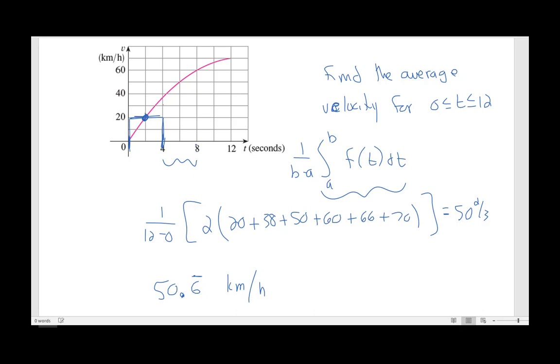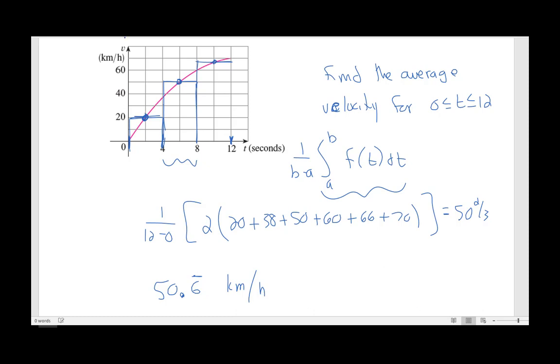Then we could do the next delta x of 4, and we would use the midpoint here to find the height of that rectangle, and then another delta x of 4, and here's the midpoint here to find the area of that rectangle. So if I was doing midpoints, I would have a delta x of 4, so I would have something like this.